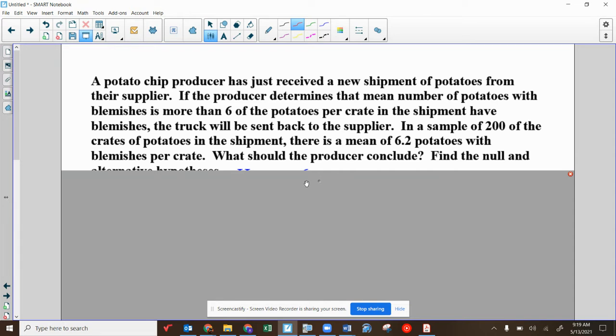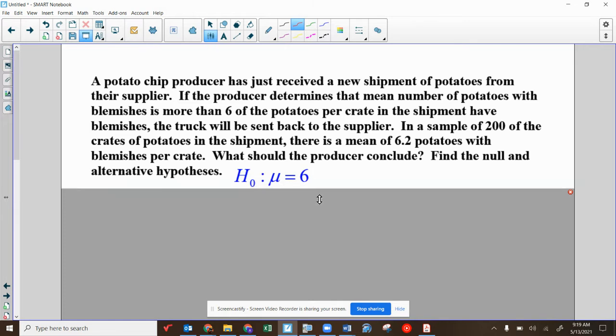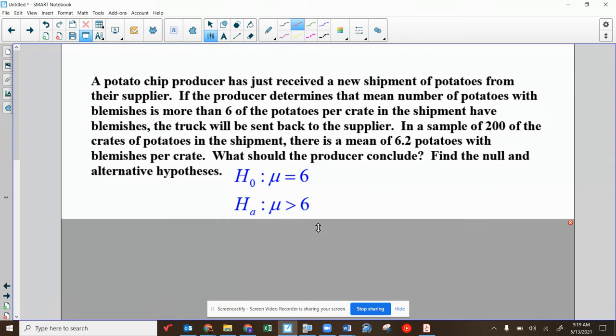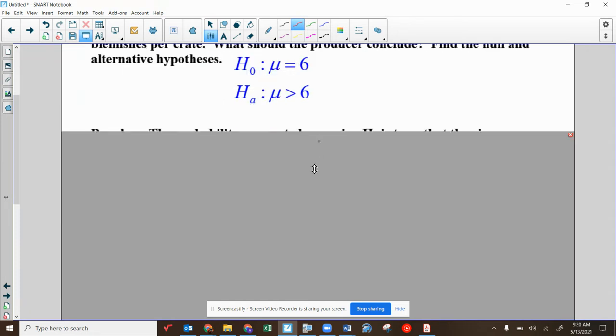We're analyzing whether it's 6 or more than 6. This would be a mean question; the last one was a proportion question. So our null hypothesis would be the mean is equal to 6, and the alternative would be that it's greater than 6. And again, we'll run the test through the calculator and determine whether we find this one to be true or not.